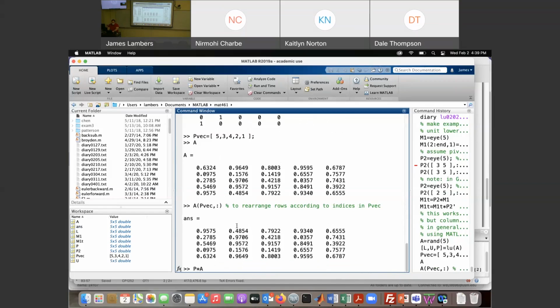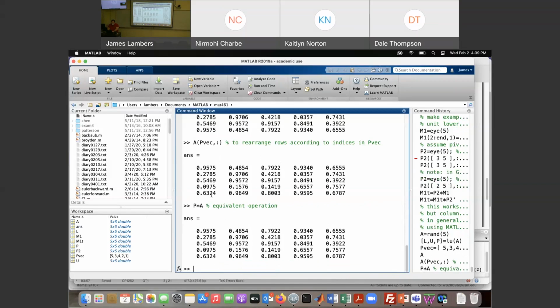That is equivalent to using the permutation matrix that LU returned. Those matrices are the same. So this is how you can perform permutations, in this case of rows, or columns if you needed to, in a more storage efficient way than working with a permutation matrix.